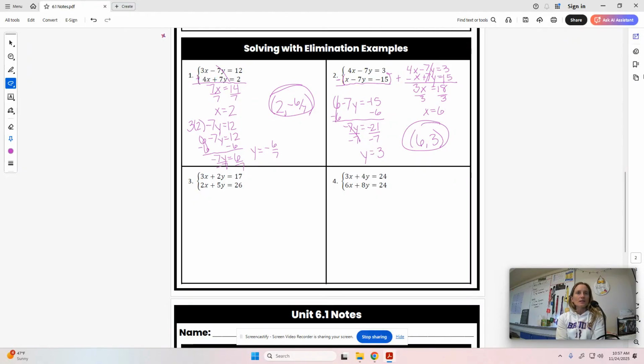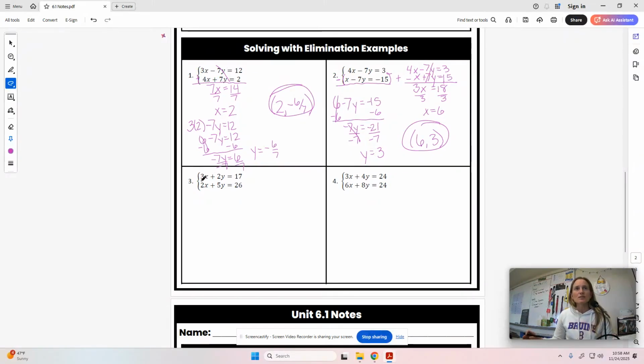In example 3, we don't have either the x's or the y's with the same coefficient on them. This is actually almost the most complicated that it's ever going to get. So I have to think about what I could change, and I get a lot of freedom of choice here.